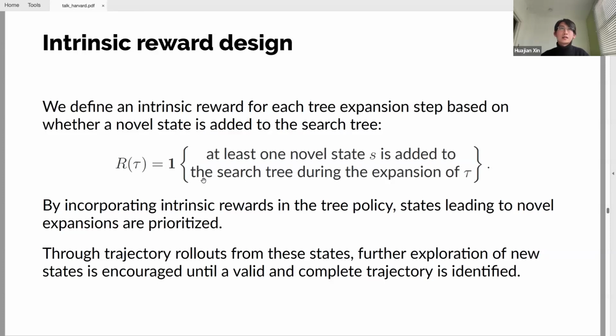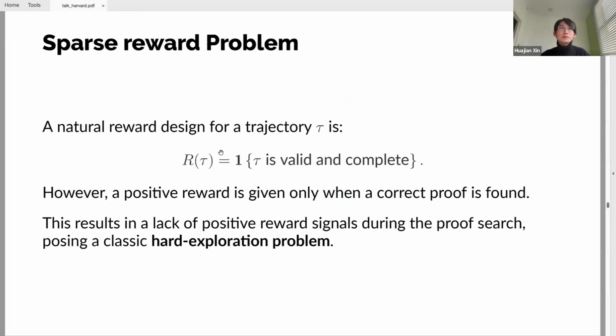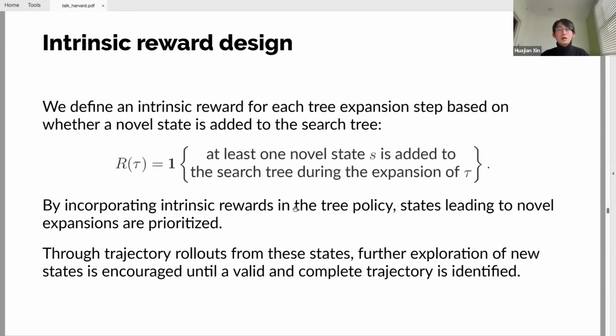This fills in the R function in the original computation of the state-action value, or Q function. Therefore, we want to encourage further exploration of new states until a valid and complete trajectory is identified, in other words, until the proof of the original theorem is found.